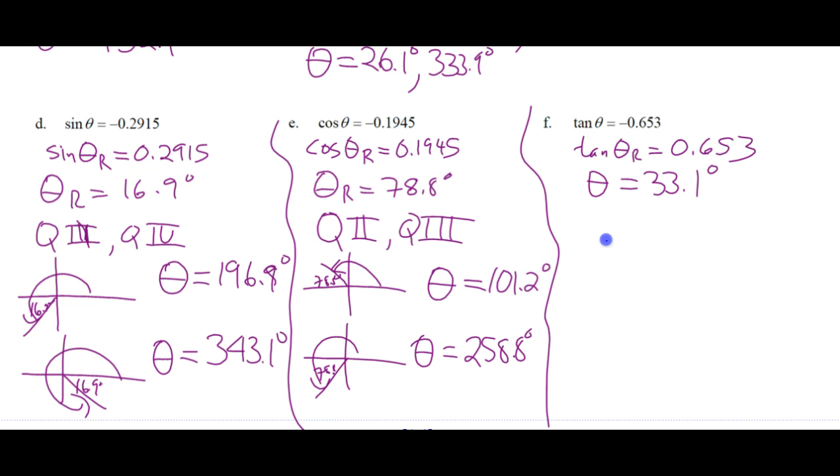Okay, well, retry it, see what you get. Maybe I made a mistake. I've already made one mistake. It's not like it's beyond the realm of possibility that I made another one. All right, see if I can get the CAST rule right this time. So quadrant 2 and quadrant 4.